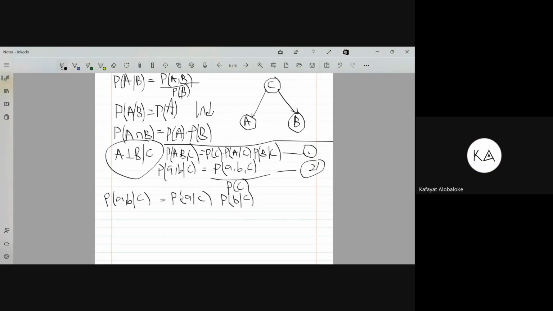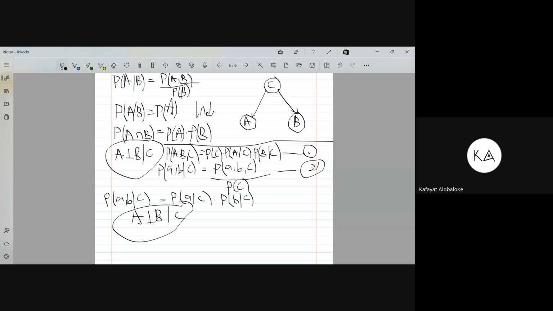Thank you. So in this case, if this happens, then A and B are conditionally independent given C. Then the condition that A and B are conditionally independent given C is satisfied in this case.